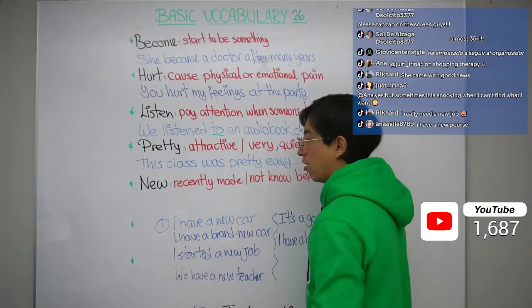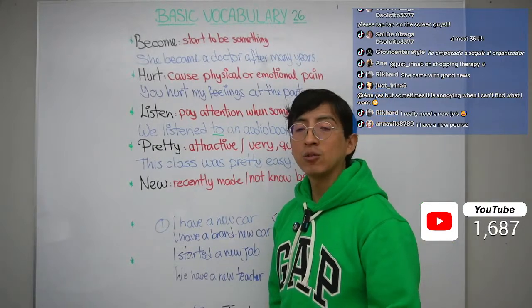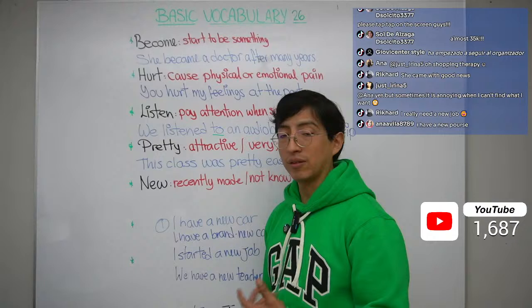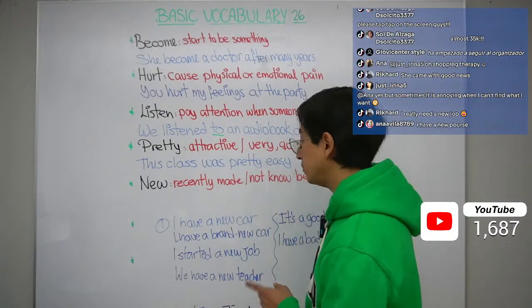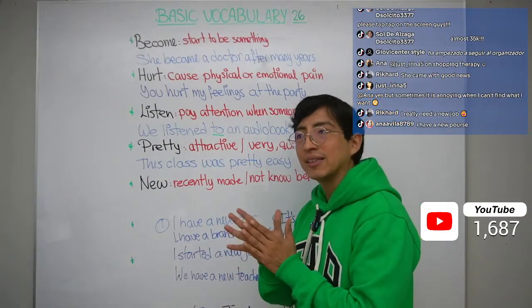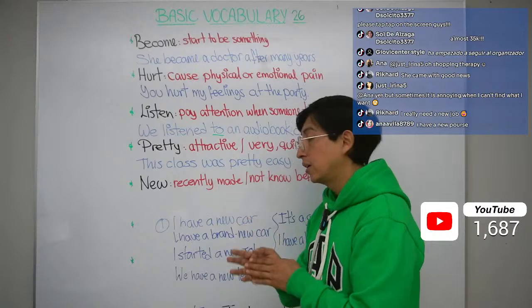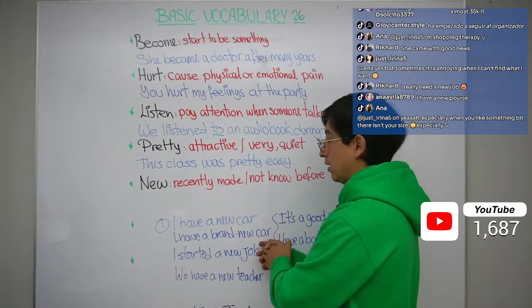Esto sería el segundo significado. Primero, I have a new car. Tengo un nuevo auto. I have a new purse. Ok, tengo una nueva cartera. Ok, I have a new job. Tengo un nuevo trabajo. Ahora, si tú quieres enfatizar, sobre todo cuando hablamos acerca de objetos que hemos comprado, podríamos decir, I have a brand new car, ¿no?